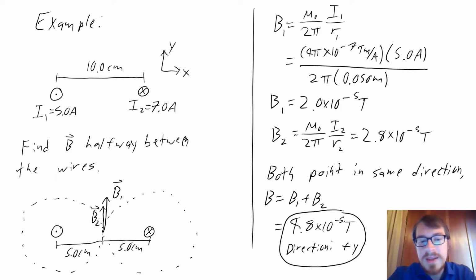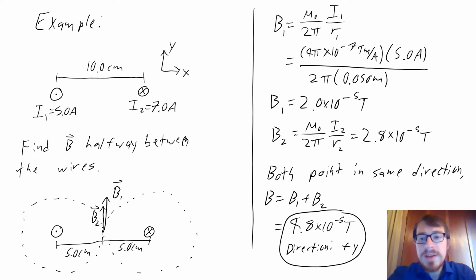We can start out with these directions for these vectors, and then we can figure out their strengths. So B1, the magnetic field created by current 1, that 5 amp current, is mu naught over 2 pi times current 1 over the distance from that current. We can plug in mu naught, which is 4 pi times 10 to the minus 7th Tesla meters per amp.